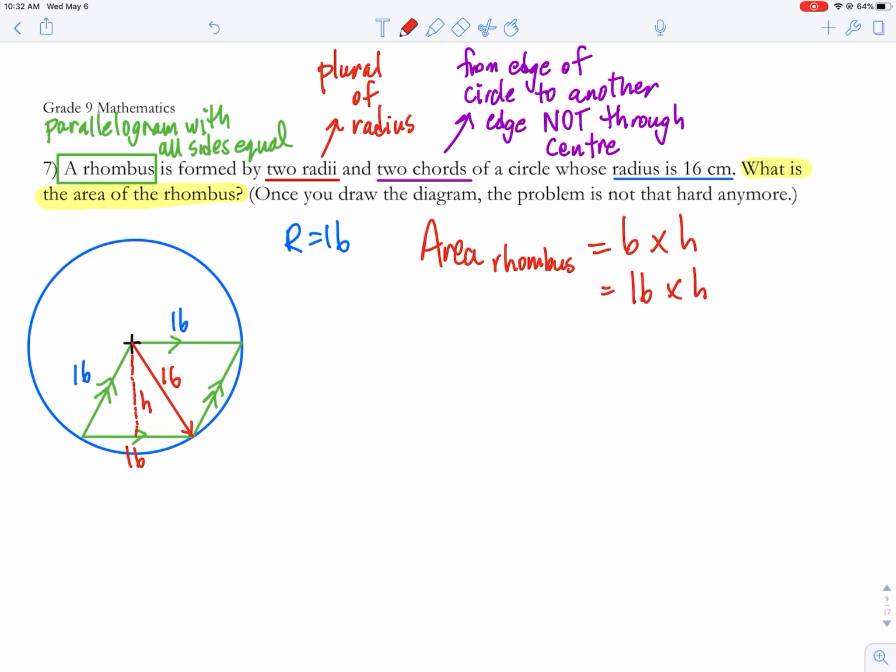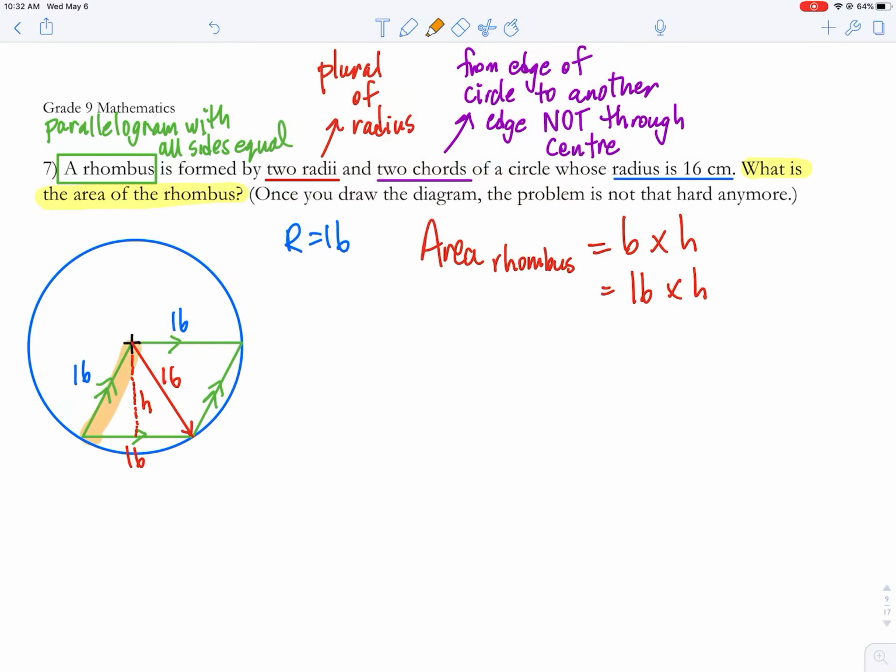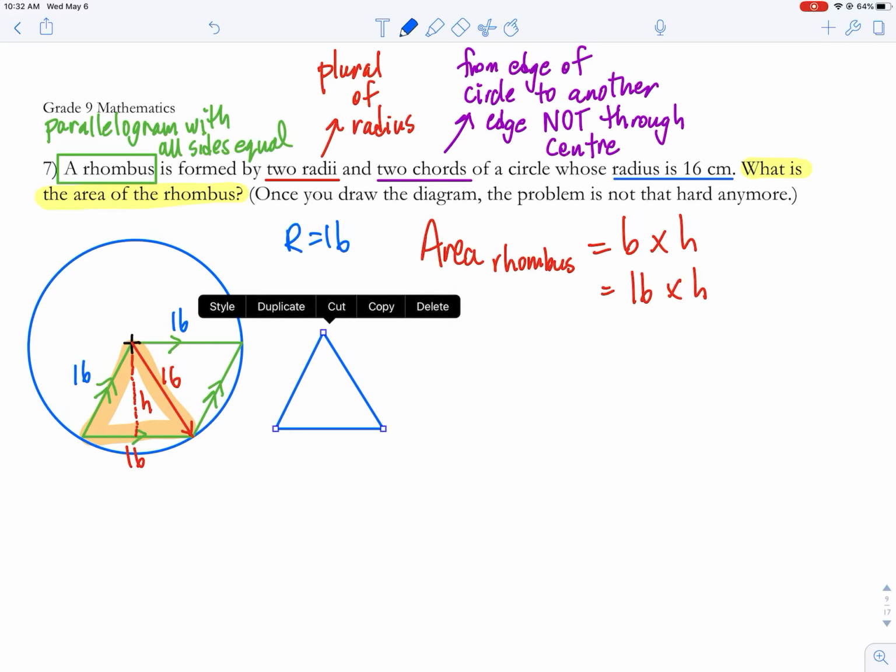Okay, we're going to figure it out by finding the height in the triangle that I just made orange. So if we were to draw that out again, we have a triangle that has 16, 16.